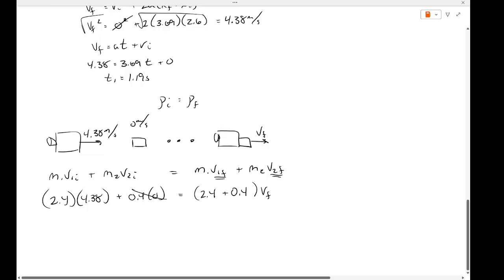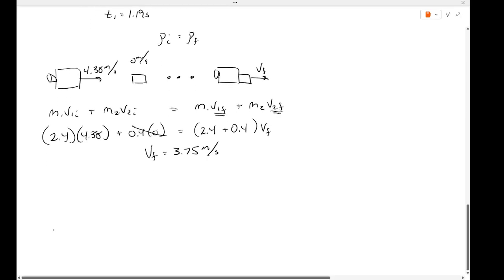When I isolate this, I end up with a final velocity after the collision. You get something in the ballpark, it's going to drop, so it's going to be 3.75 meters per second.